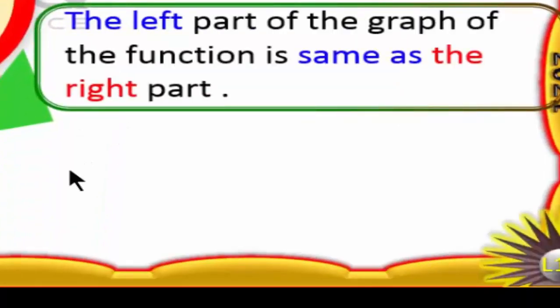If we have a graph of a function, if the left part of the graph is the same as the right part, then it is symmetric with the y-axis.